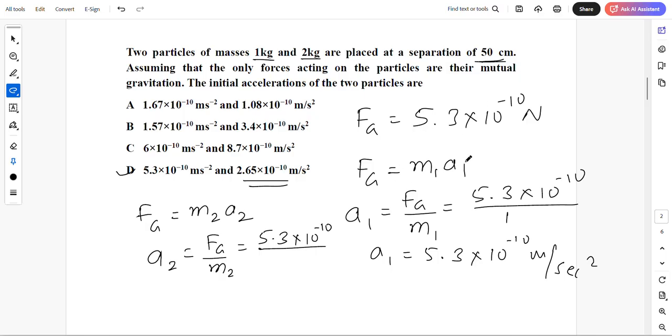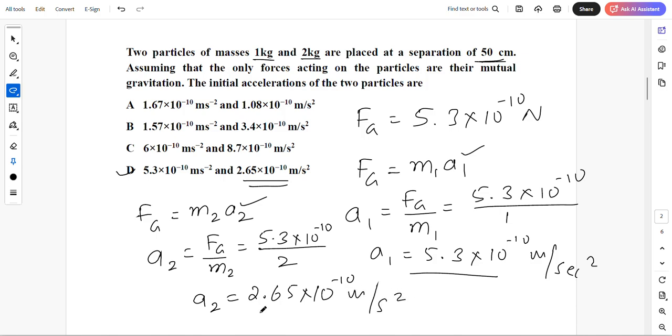Now let us calculate a1 and a2. a1 we have just calculated, a2 is equal to Fg by m2, where m2 is 2. a2 will be 5.3 by 2, approximately 2.65 into 10 to the power of minus 10 meters per second square.